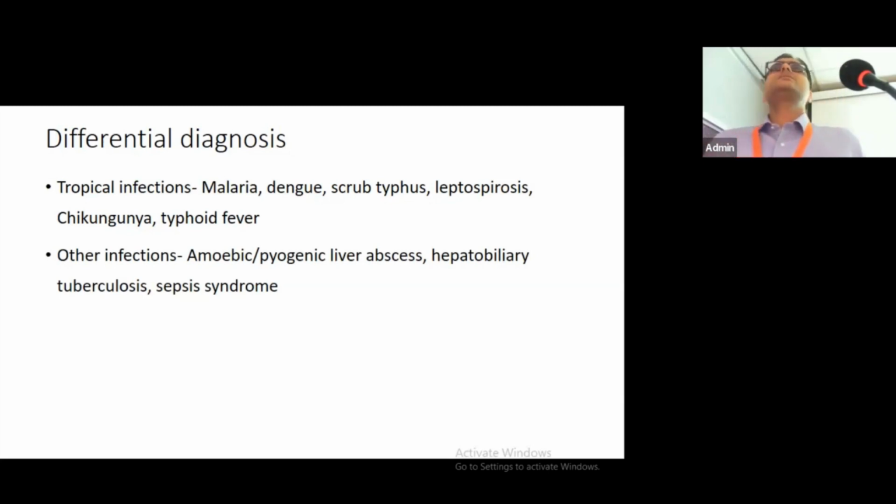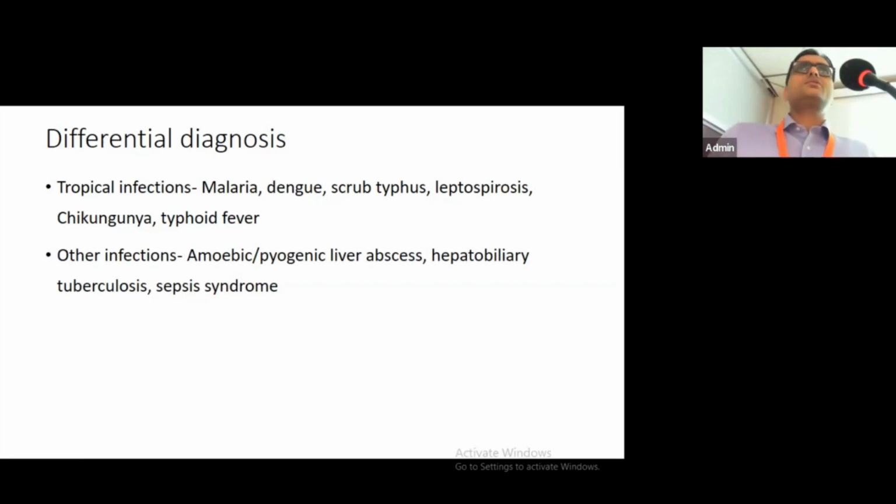A patient with hepatobiliary tuberculosis can also have an acute hepatitic-like presentation, but he will have other features like anorexia, weight loss, raised ESR, Mantoux test positive, and some evidence of extrahepatic involvement like pleural effusion, lung involvement, or lymph nodes on general physical examination. Whereas in sepsis syndrome, if a patient has sepsis because of any cause, he can develop sepsis-related hepatitis, which can also mimic the findings of acute hepatitis.